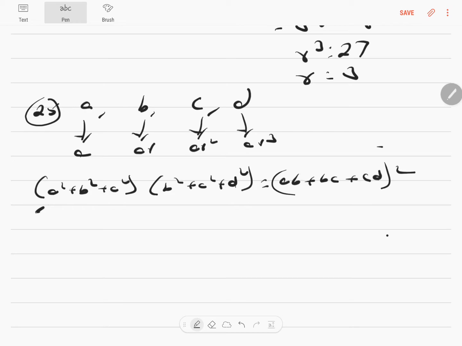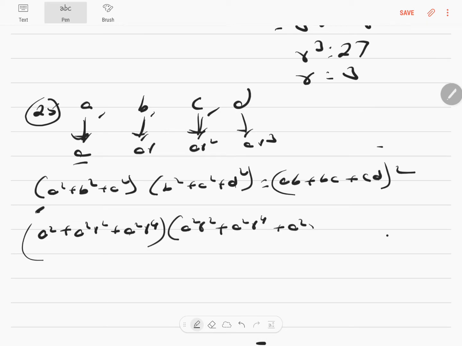Since it is a GP, A is A, B is AR. So A square plus B square is A square R square, plus C square is A square R to the power 4, plus D square is A square R to the power 6, which is equal to AB, what is A into B? A square R, plus BC, which is A square R cube, plus what is CD? A square R to the power 5, the whole square.